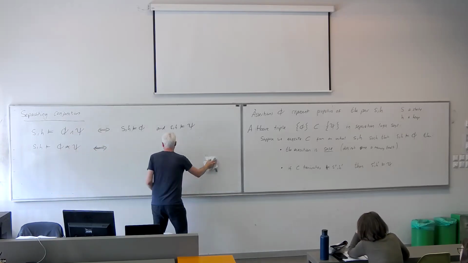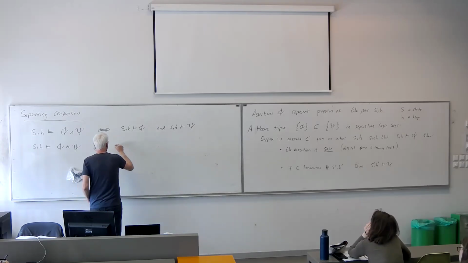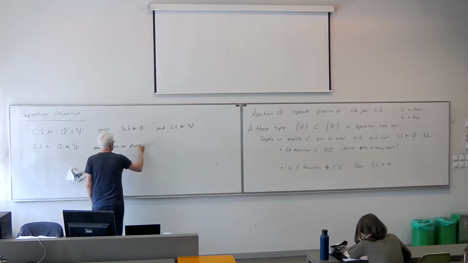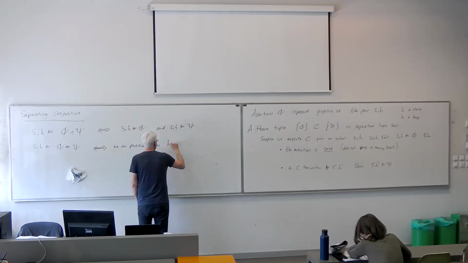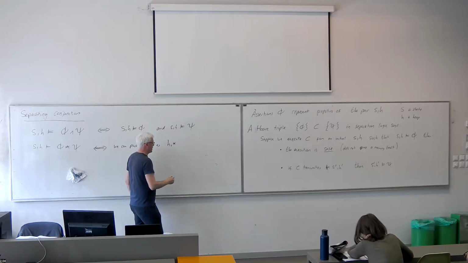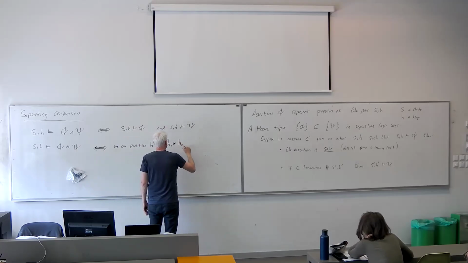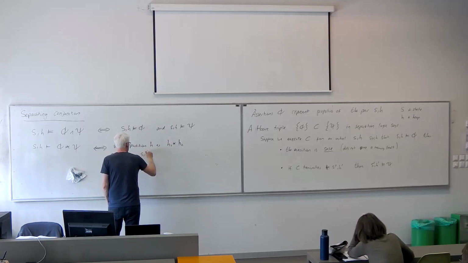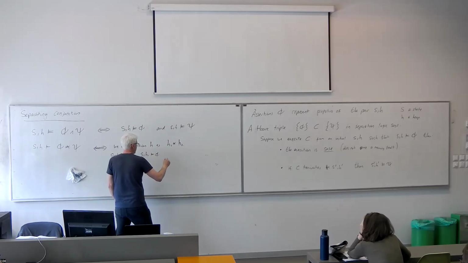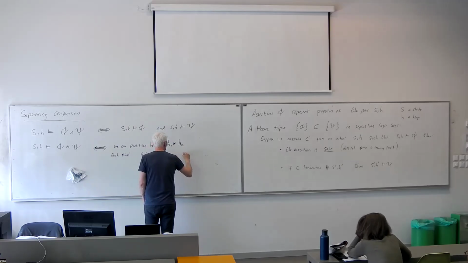So this says we can partition H as H1 star, people tend to use star for this, H2, such that phi holds on H1 and psi holds on H2.